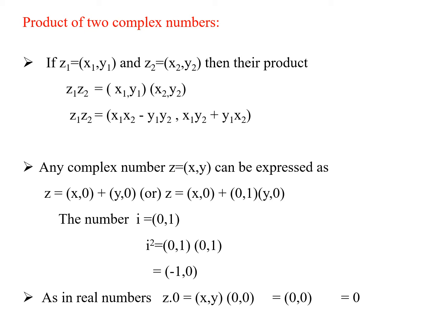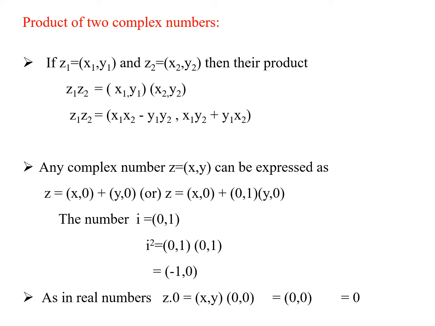Next, the product of two complex numbers. If z1 equal to x1 plus iy1 and z2 equal to x2 plus iy2, then the product z1 z2 equal to x1 x2 minus y1 y2 comma x1 y2 plus y1 x2.